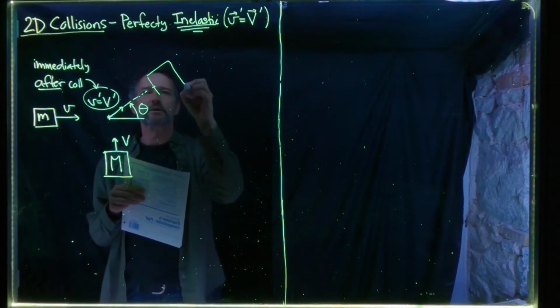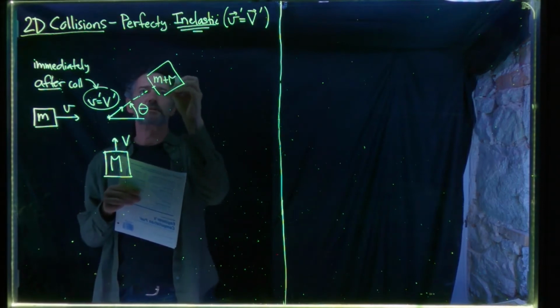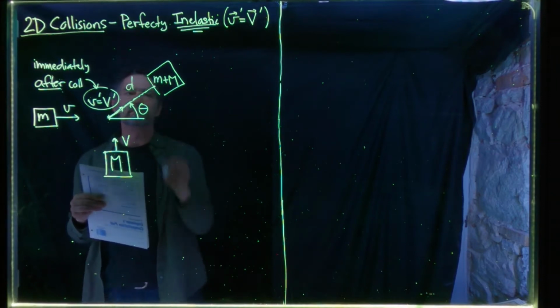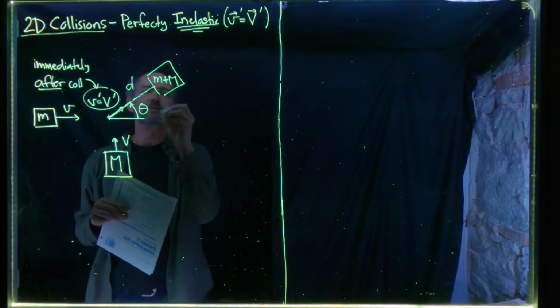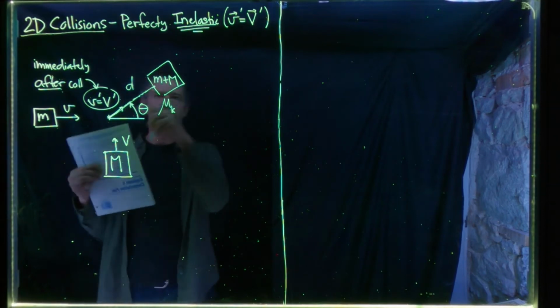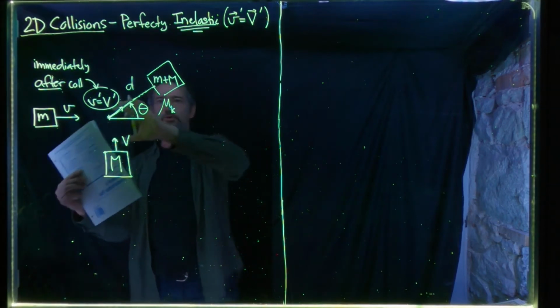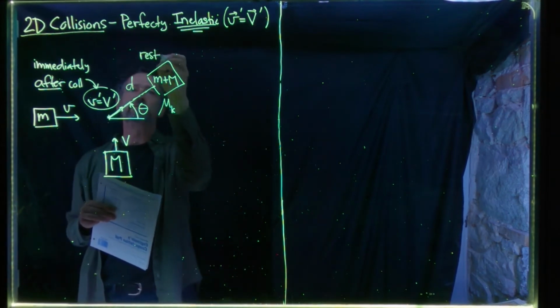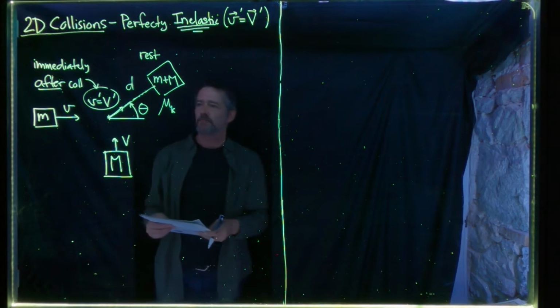Let's just draw the crumpled mass of mass m plus big M, and suppose that they slide through a distance d before coming to rest. There's a coefficient of kinetic friction between the tires and the road as this mass of two cars slides and comes to rest. So the final velocity of the m plus M system is at rest. Okay, so we got that.